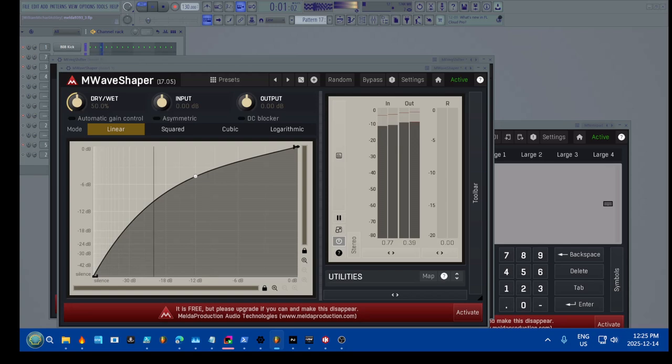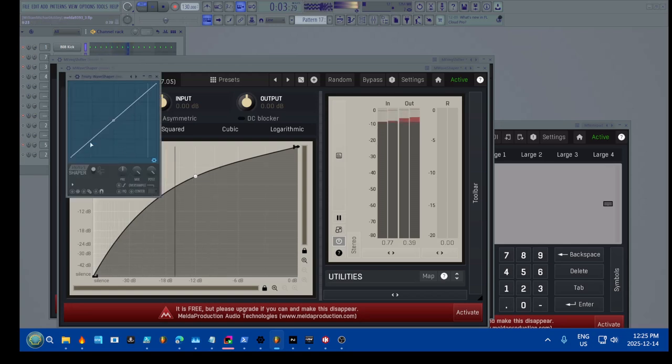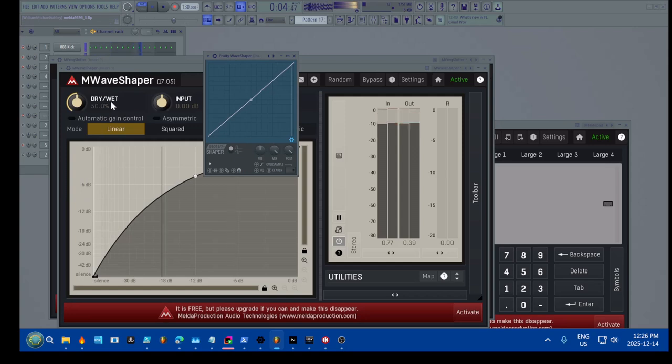Compare that with Fruity Wave Shaper. It has much the same thing as the output and the input levels, and the dry/wet mix. Same basic idea. And then I think these are linear unipolar and bipolar modes.